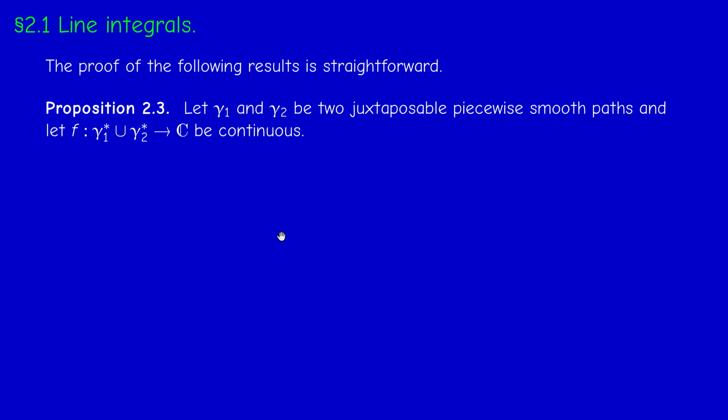In practice, we use this rule. If gamma 1 and gamma 2 are juxtaposable paths, then the integral along the product, or the composition, is the sum of the integral over gamma 1 and the integral over gamma 2.